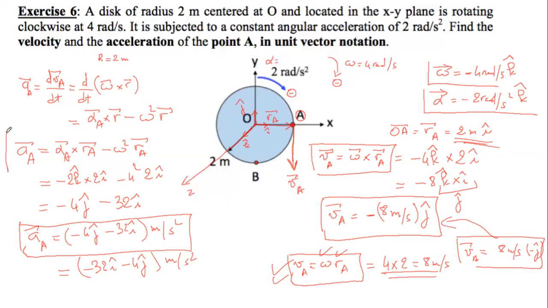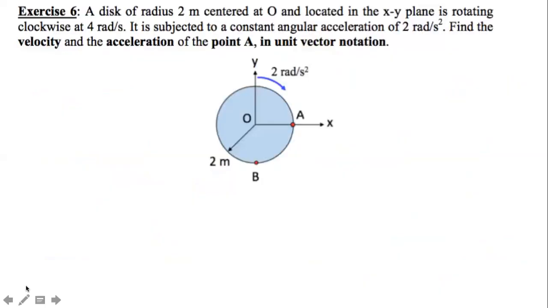Yes. So you need to know also this formula. And most formulas are in the formula sheet. Now, if I don't want to use this, I can use the fact that the acceleration here of point A will be made up from two accelerations: the tangential acceleration and the normal acceleration.